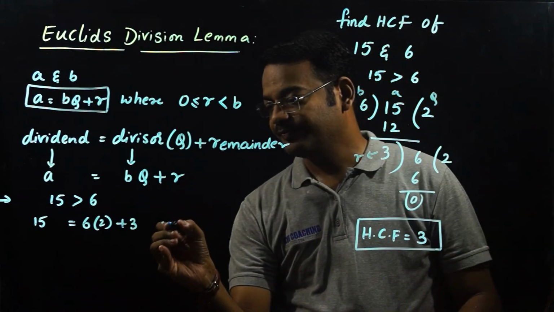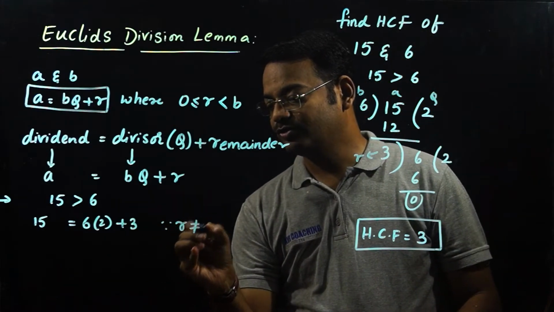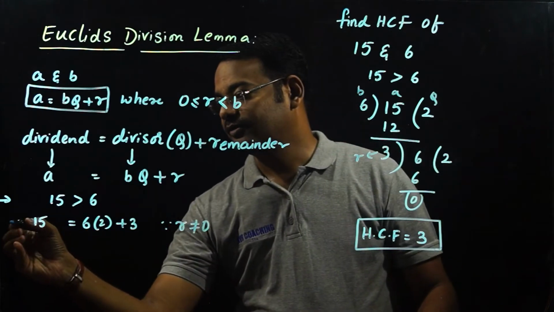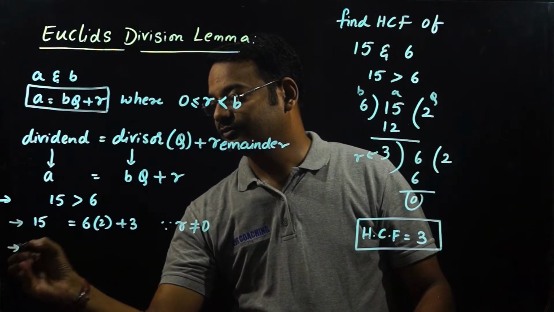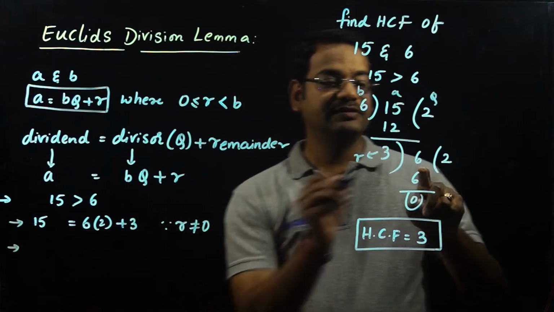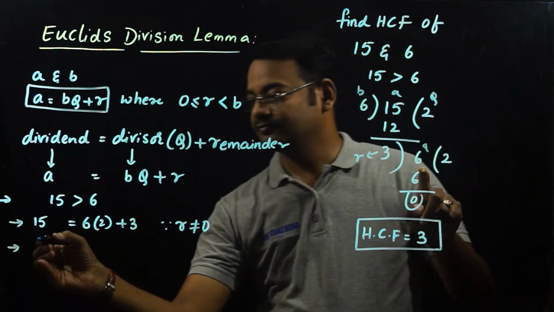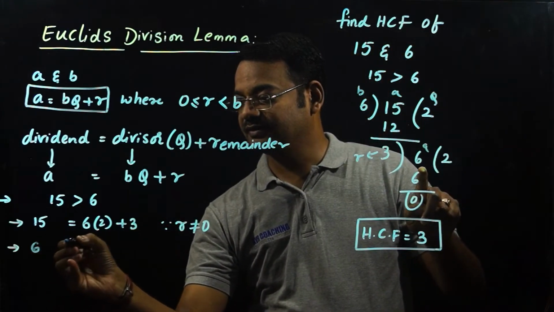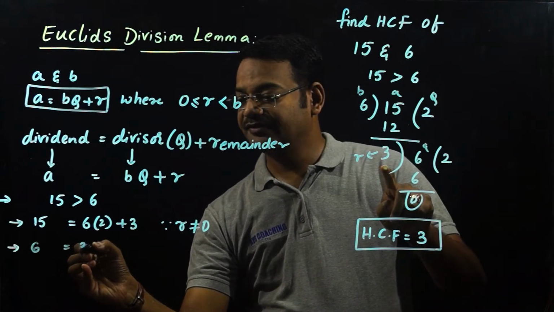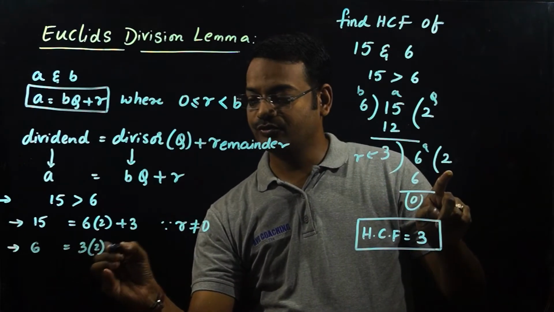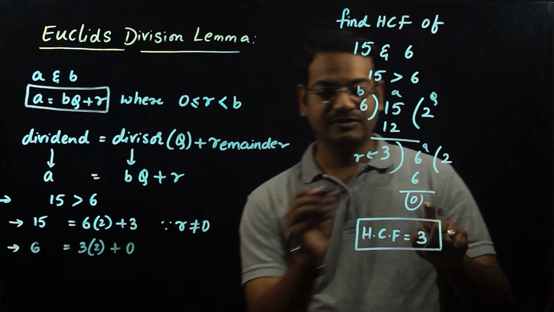Now since r is not equal to 0, we will continue the algorithm. Next step, 6 becomes a, 3 is b, 2 is quotient and remainder is 0.